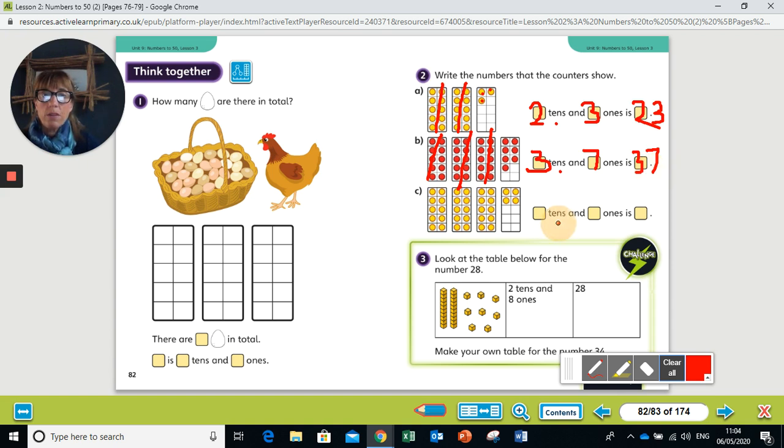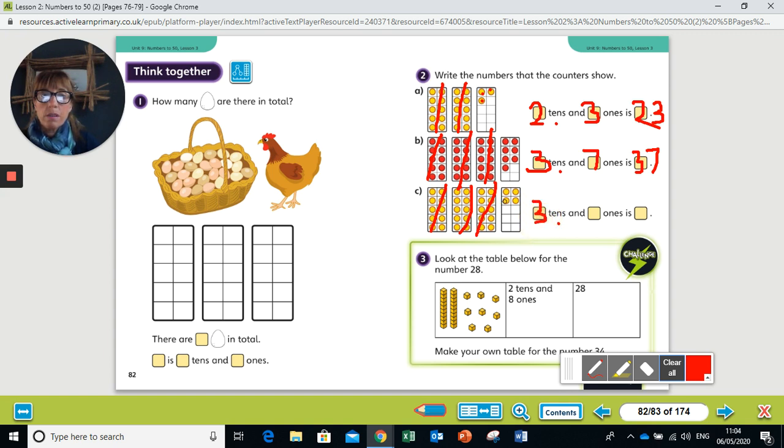Let's look at this one. How many tens have we got? Remember, they've got to be whole tens. 1, 2, 3. We've got 3 full 10 frames. 3 tens.